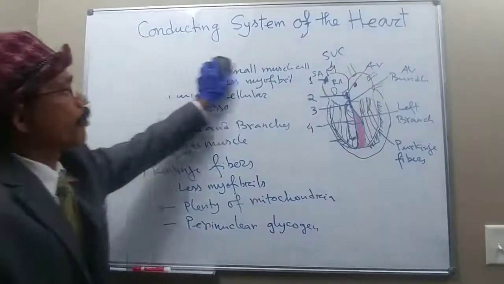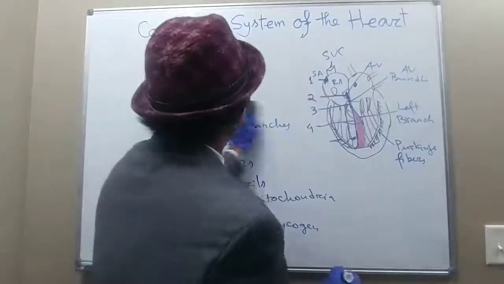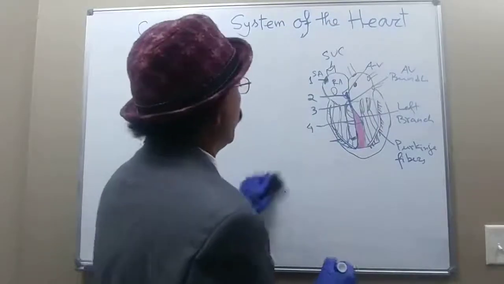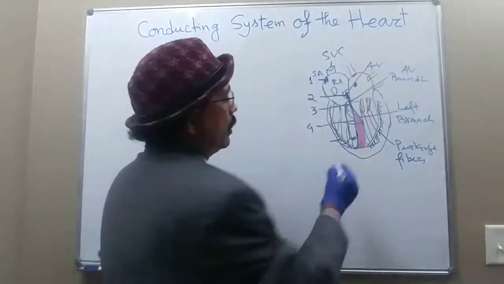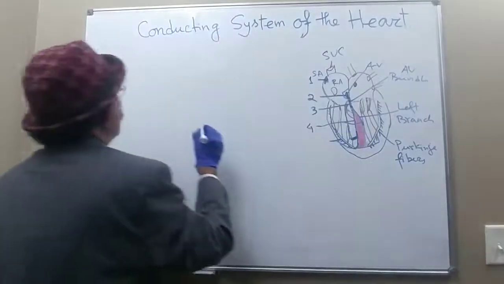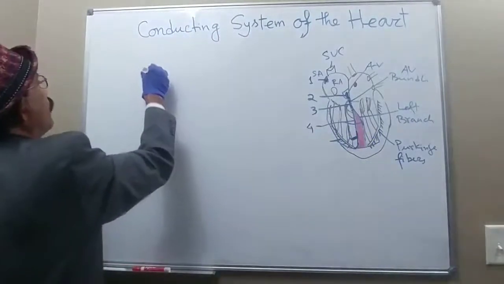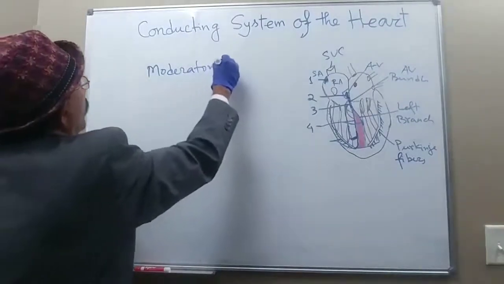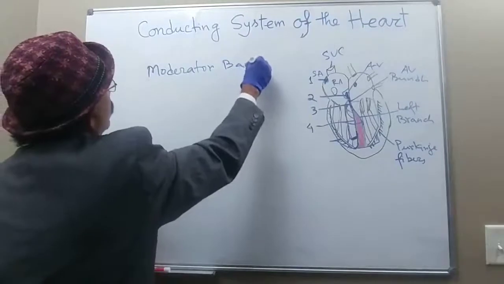We have to add one more point here. Histology almost same, everything is same here. Just one more point. We have to find out the moderator band here, or septomarginal trabeculae. Moderator band. What is that?